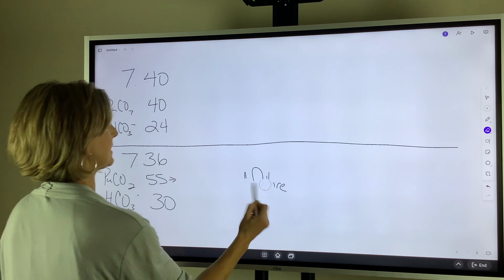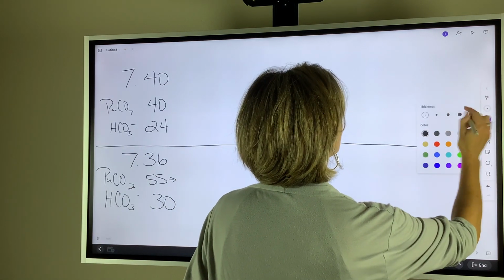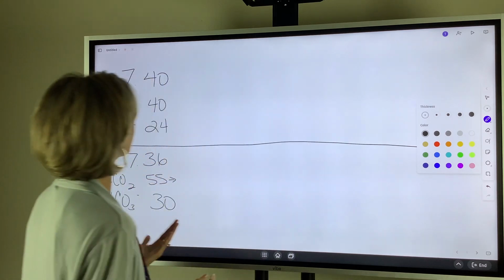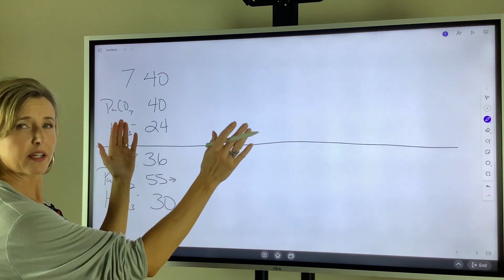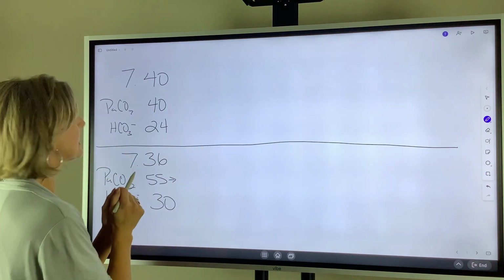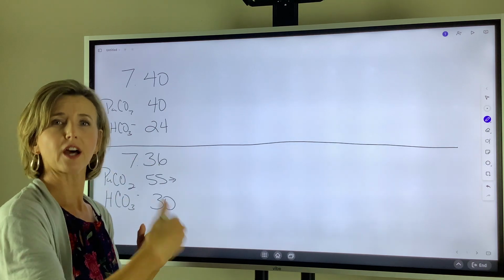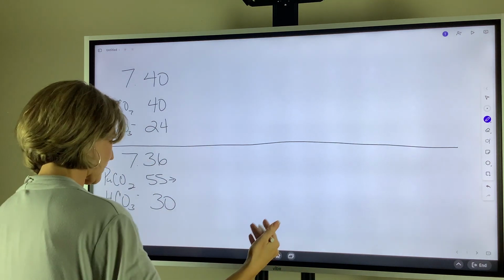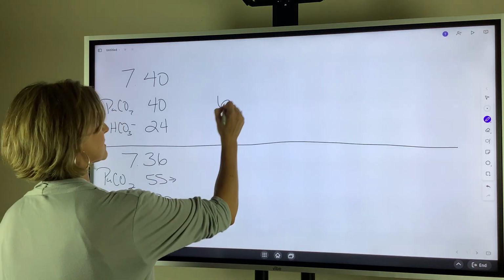So let me erase this and let's talk about a change that can happen. For example, we can have a person with normal lung physiology, no underlying disease, and let's say this patient has a narcotic drug overdose. And when that happens, we expect that CO2 to elevate, right?